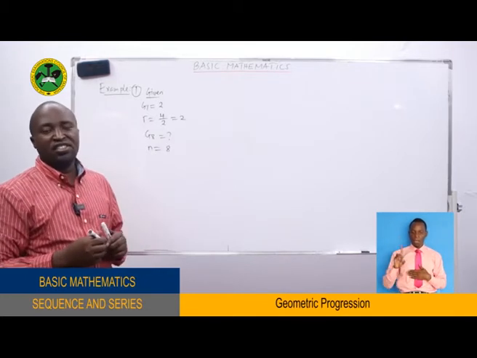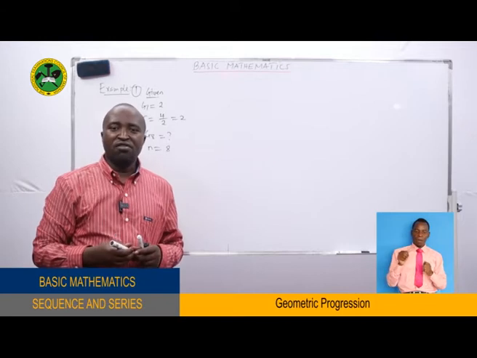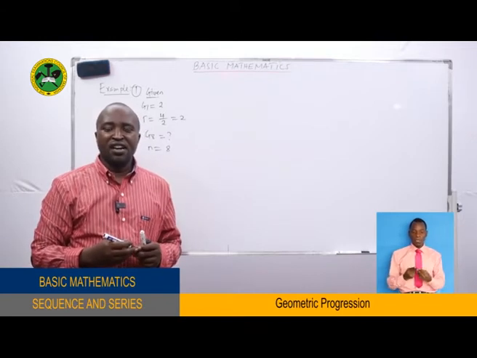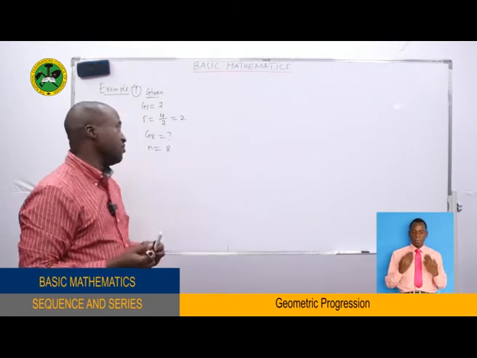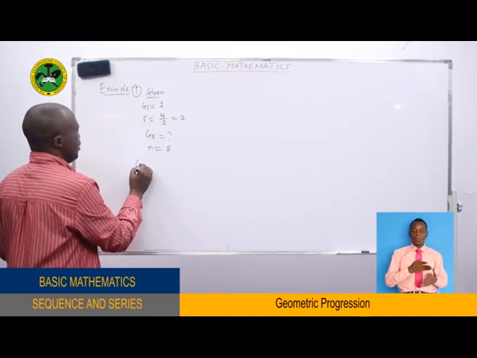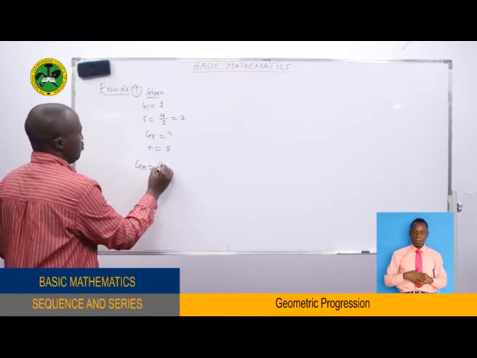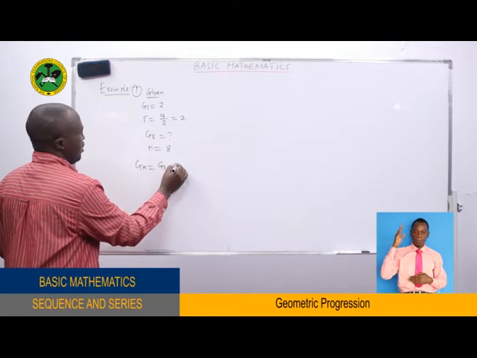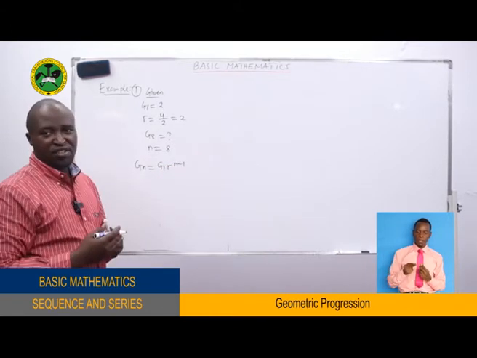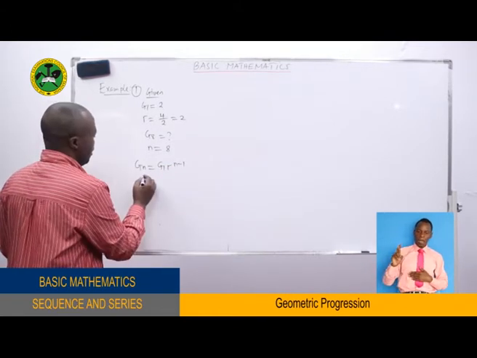Now, using our general formula for finding the terms in a geometric progression, we said Gn is equal to G1 R to the power n minus 1. So we are looking for G8.